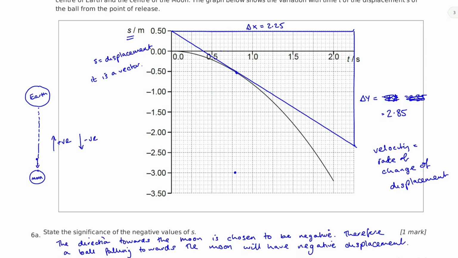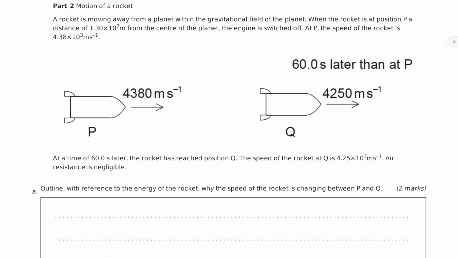We know that it's 0 at 0, and we know it'll be a nice smooth trajectory. So we want to draw a nice smooth trajectory from 0 down through that point. That wasn't very good. Let's try again. Better. Okay, smooth trajectory. There we go.